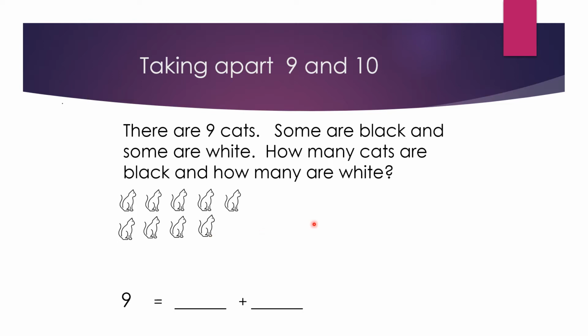So, kindergarten, our number story tells us that there are 9 cats altogether. Our story also says some are black and some are white. We don't have any number parts that tell us how many are black and how many are white. So I think that we get to decide how we make 9 today.